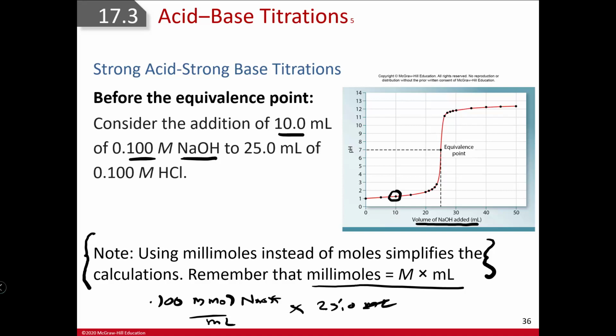So we know we set this up right. The milliliters cancel out. What we get for an answer here is millimoles, though. So 25 times 0.1 would be 2.5 millimoles of sodium hydroxide.